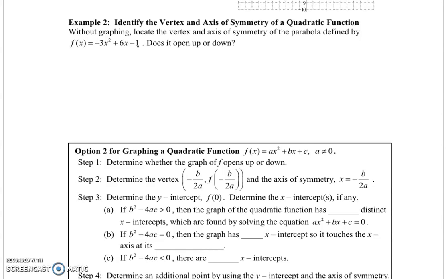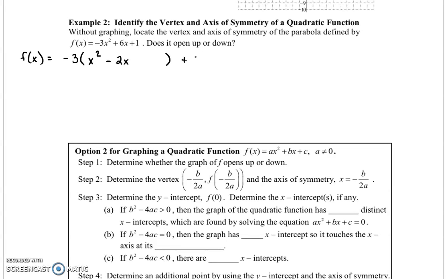This is a little bit problematic because to complete the square, a must be 1. What do we have here though? We have an a of negative 3. So when we complete the square, it's going to be a little bit tricky. So first, we're going to take the negative 3 out just of the x squared and the 6x.